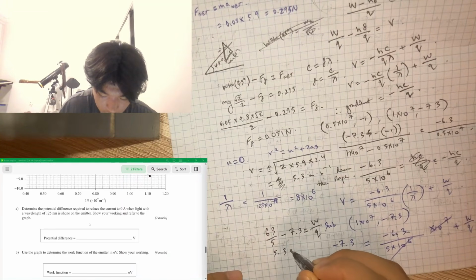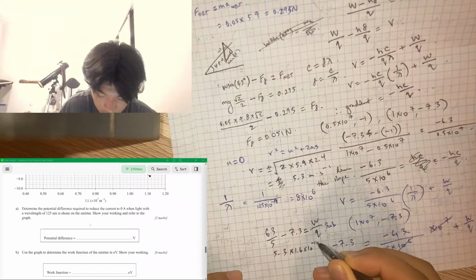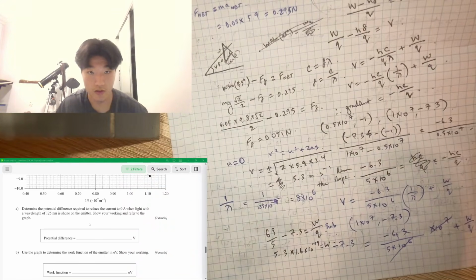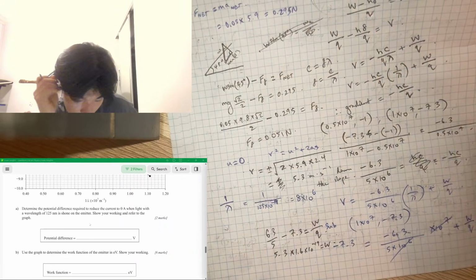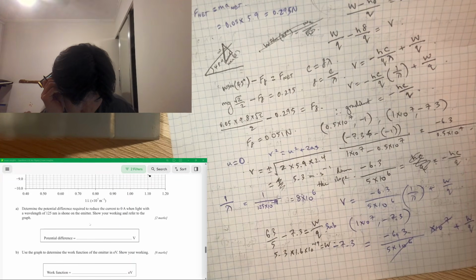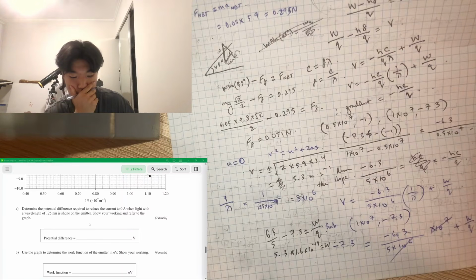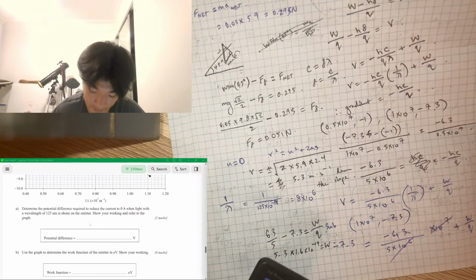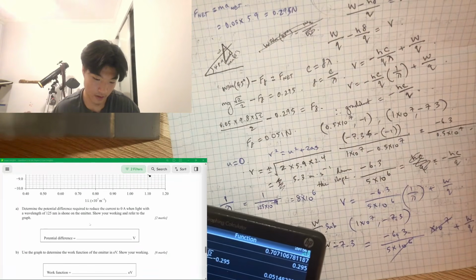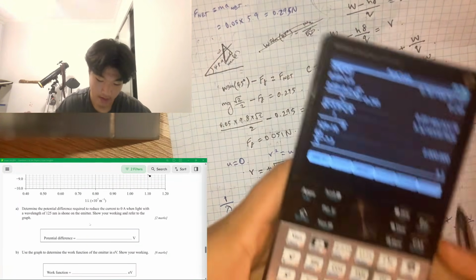Then we times that by q, which is 1.6 times 10 to the negative 19. That's the work function. Anyways, let's actually calculate it.